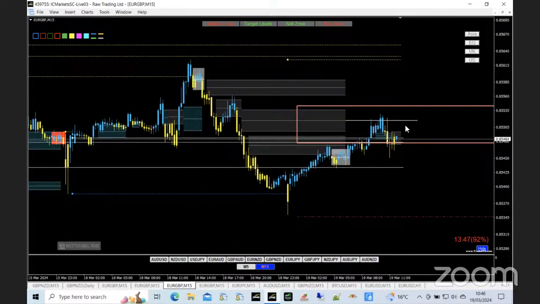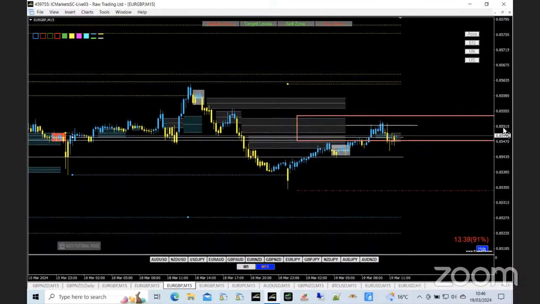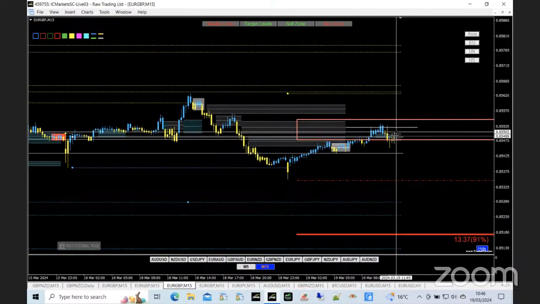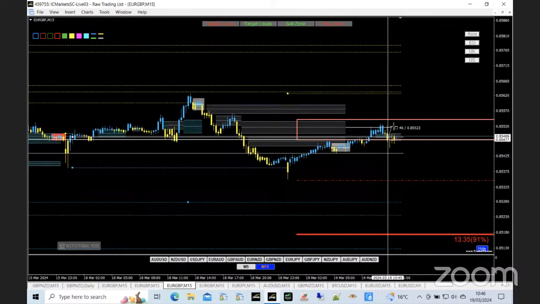Now the risk on this one is like this. This is the 4 or 5 pips stop loss, and the target would be this one. If it works, I'm not sure it works, but if it works, 5 pips stop loss, 30 pips. This is 1 to 6.